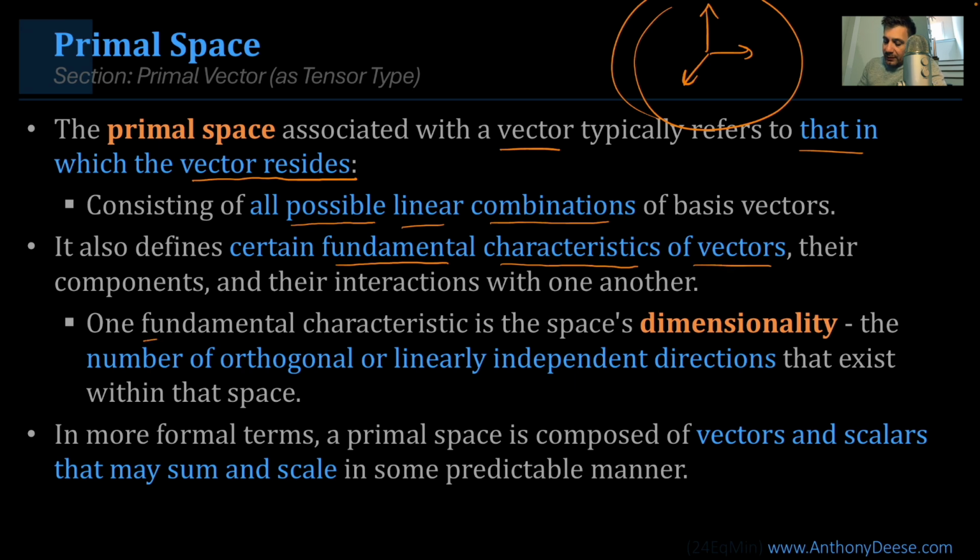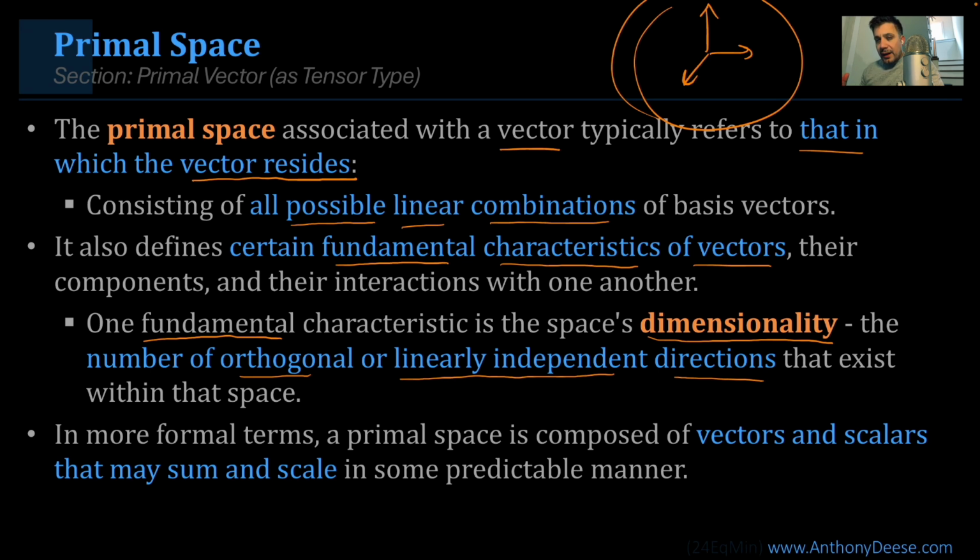One fundamental characteristic is the space's dimensionality, which is the number of orthogonal or linearly independent directions that exist within that space. The space that we live in, our universe, if you don't count time, is 3 dimensions, right? I can move forward and backward without changing my position right, left, up, down.